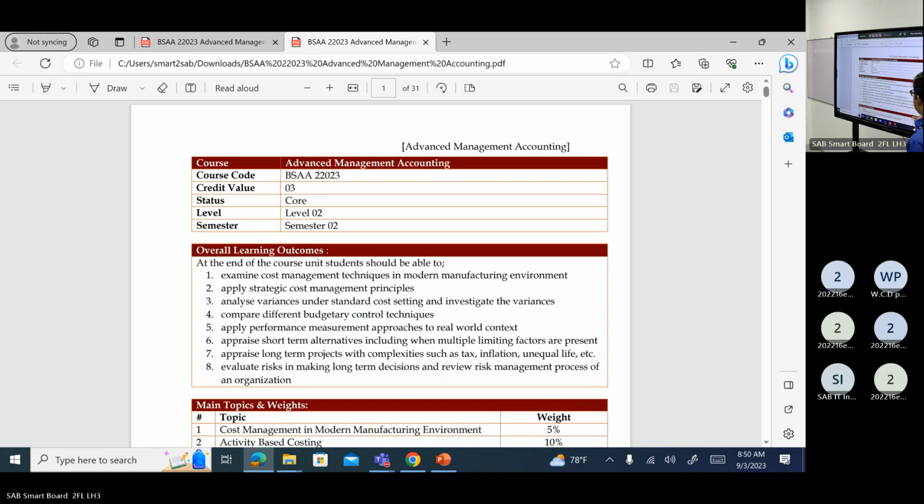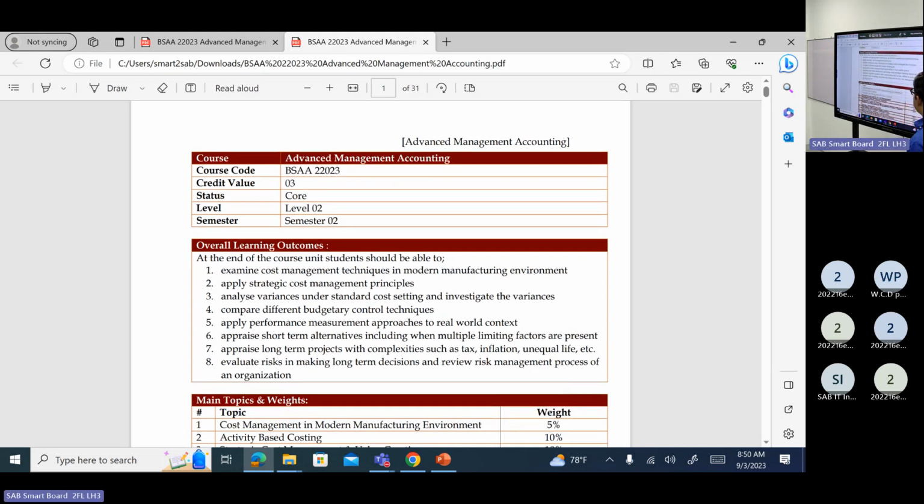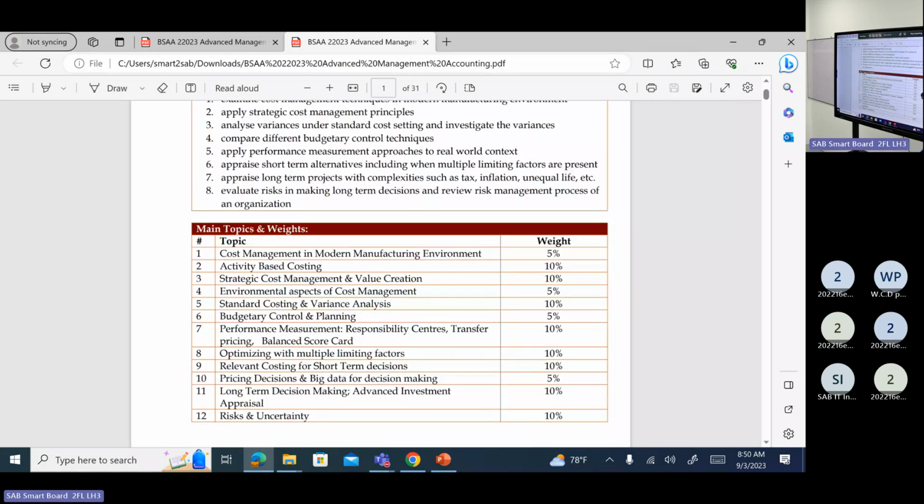Evaluate risk in making long-term and review risk management. So here you find the topics, right? Cost management in modern manufacturing environment, activity-based costing, strategic cost management, environmental aspects of cost management, standard cost and variance analysis, budgetary control, then performance measurement, multiple limiting factors, basically linear program, right?